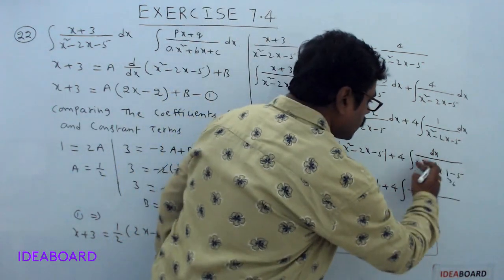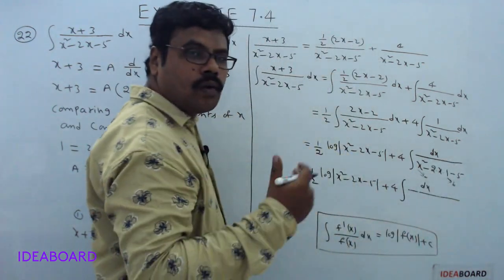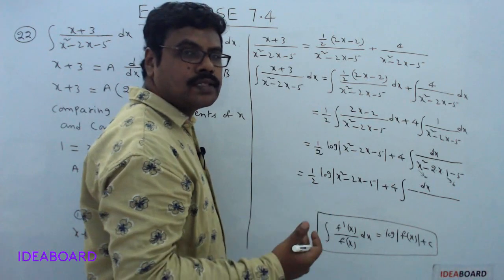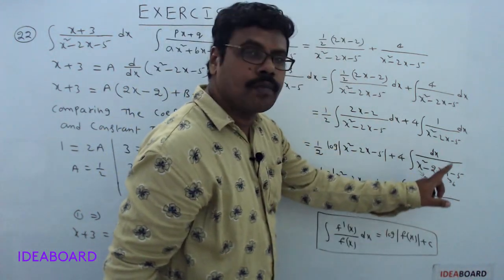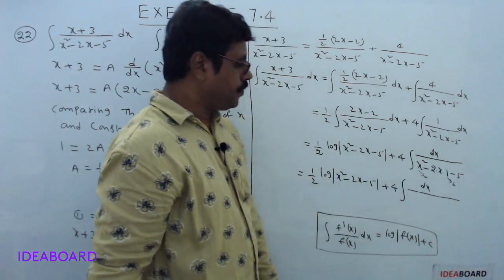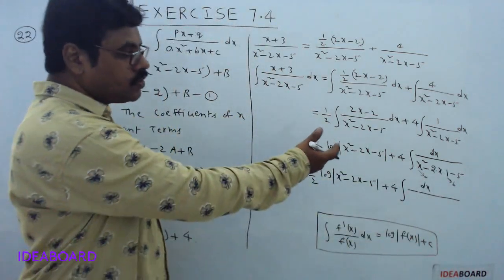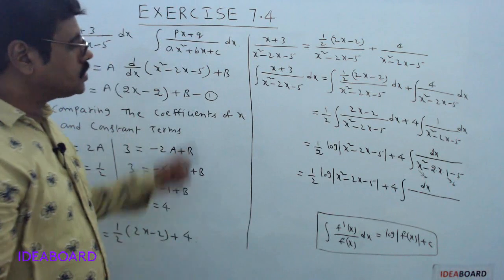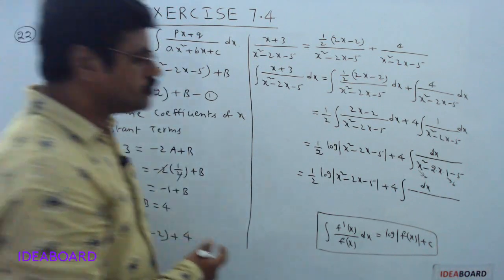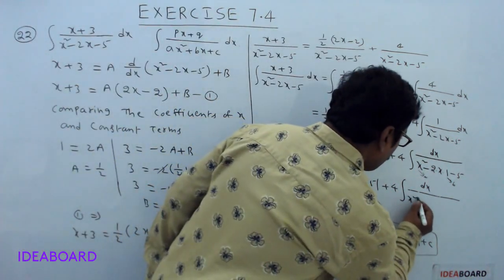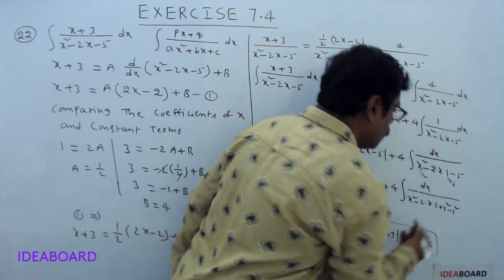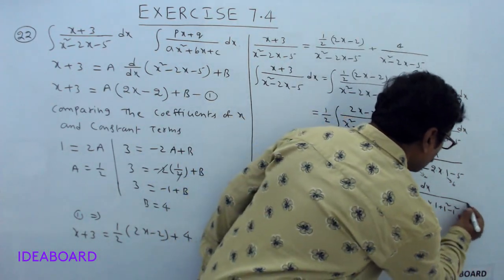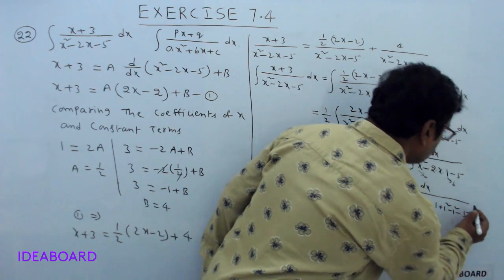To make this expression a perfect square, we need one more term. What is that term? 1 square. So, adding and subtracting 1 square. First you write down up to that step. Later we will discuss the continuation of this problem. Here I am writing, adding and subtracting 1 square also.